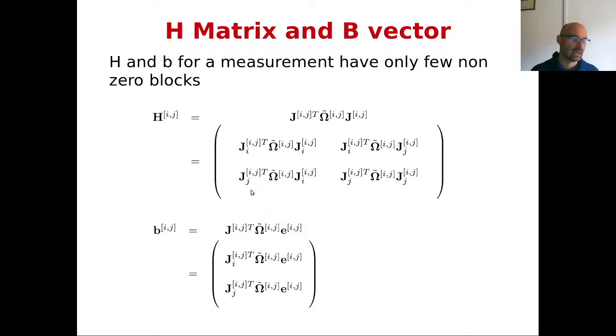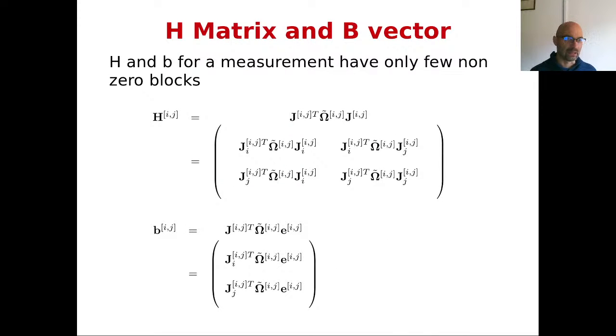And similarly I will have it for B. Okay, so even in this case, the sparsity of the structure is preserved. If you don't remember this structure of the Jacobian, I recommend you have a look at the lesson on multi-pose registration, where we talked a little bit about that.